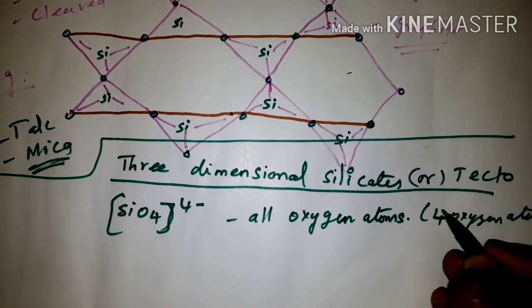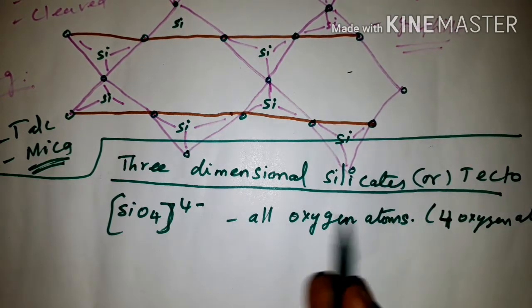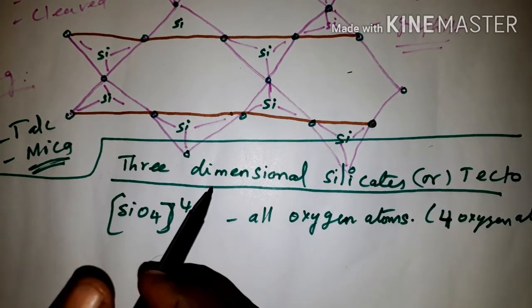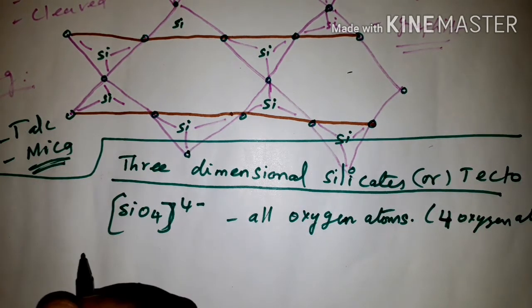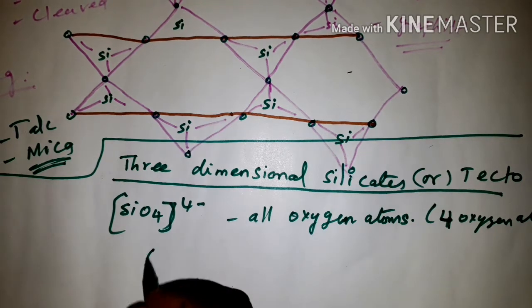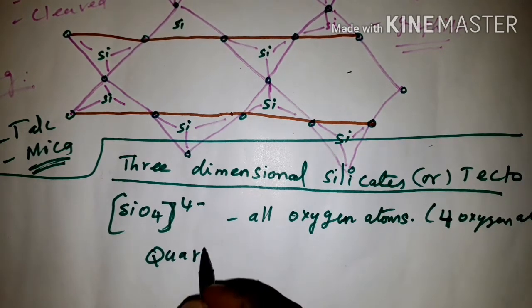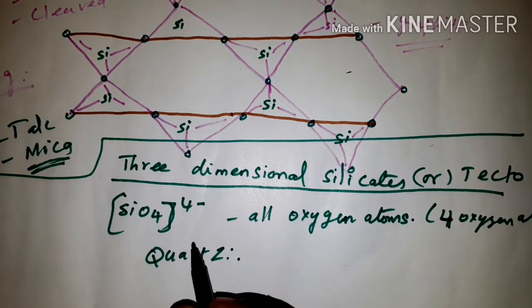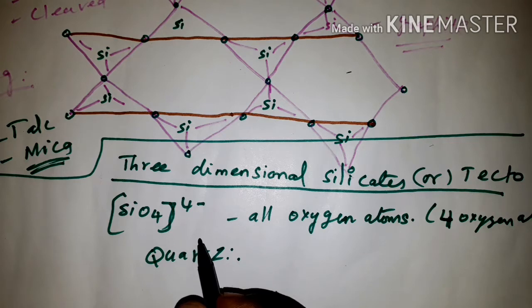So all 4 oxygen atoms are shared with other units. That's all about the 3-dimensional silicates. An example is quartz.